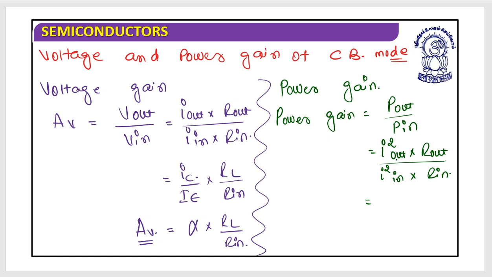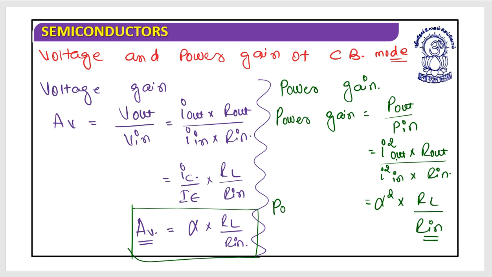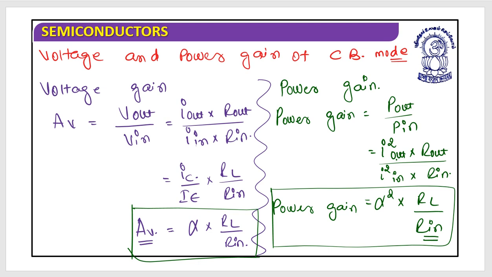So this is I square out by I square in times RL by RIN, which is alpha square multiplied by RL by RIN. This is the power gain of the CB common base configuration. Please note this. Have you noted it? Yes? Great. So this was the common base configuration of the transistor.